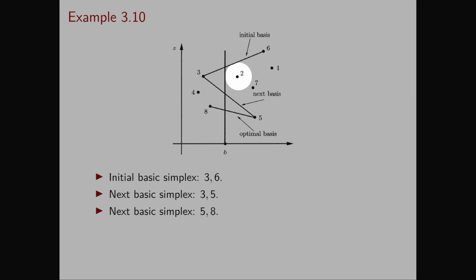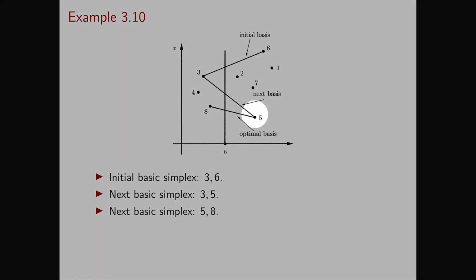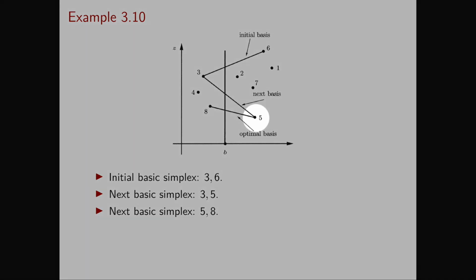For example, for the point 2, we should compute the distance from this point to the point above it that lies on the segment 3, 6. Similarly, for the point 4, we should calculate the distance from the point 4 to the point above it on the line obtained by extending the segment 3, 6. If you calculate all these distances, you will see that the one with the largest distance is the point 5.